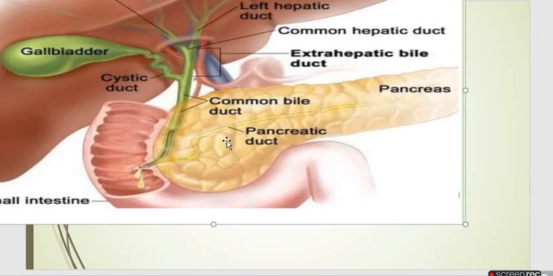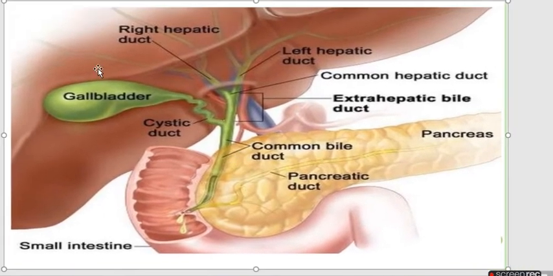When the stone is present in the gallbladder, we do surgery, either laparoscopic or open. When the stone is in the cystic duct, we will not do an operation. Why? Because if the surgeon operates, the stone can be passed into the CBD, the common bile duct. When the stone is in the cystic duct, there will be acute cholecystitis, so we treat the patient medically. First we decrease the inflammation.